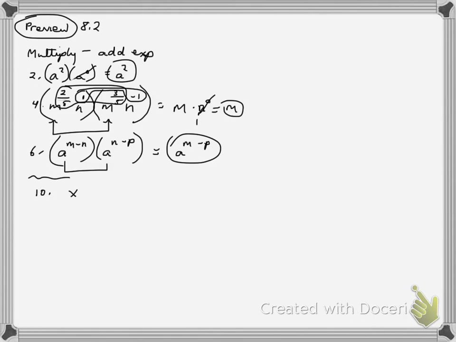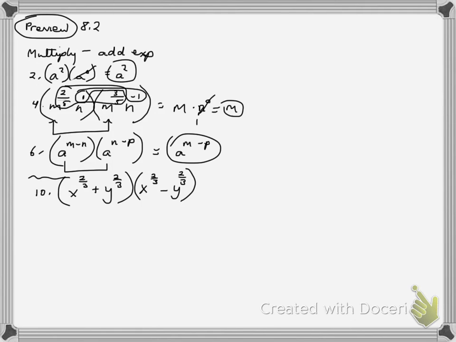It says x to the 2/3 plus y to the 2/3, a binomial, times another binomial, x to the 2/3 minus y to the 2/3. Okay.